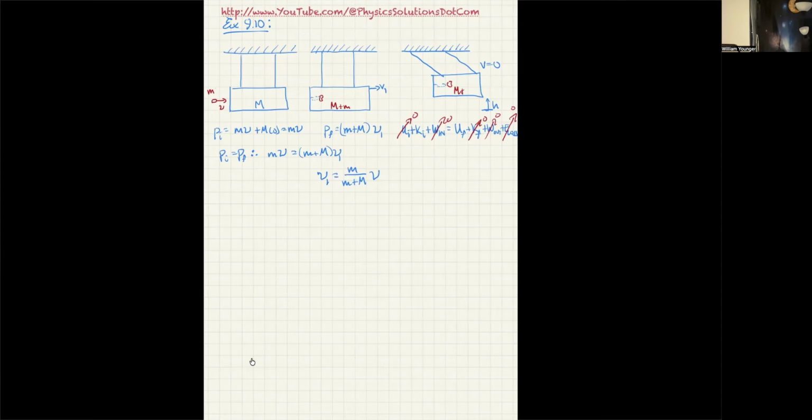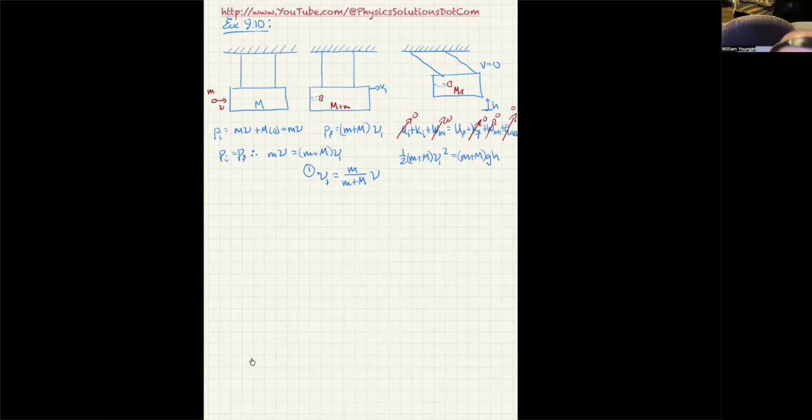So that just leaves us the initial kinetic energy equal to the final potential energy. The initial kinetic energy is 1/2 (m plus M) times v1 squared. I know what v1 is, and I'm going to make use of that in a second. I'll call that equation 1. And then the U final is going to be (m plus M) times g times h.